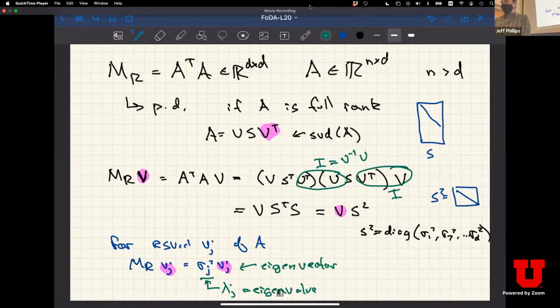Okay, so the right singular vectors of A are the eigenvectors of A transpose A. And the squared singular values of A are the eigenvalues of A transpose A.